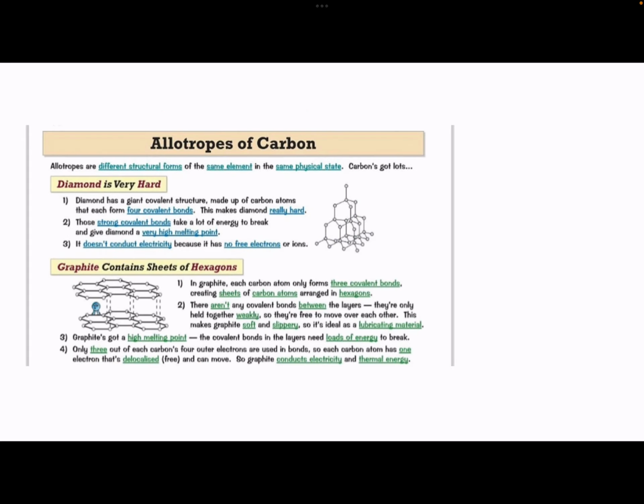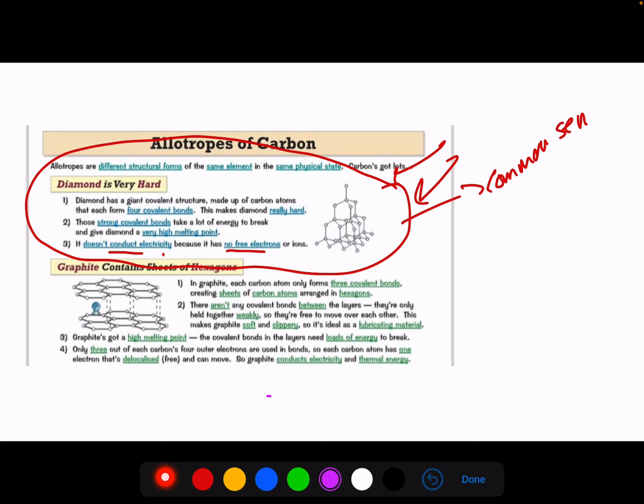There's another property for graphite, which is that graphite is soft and slippery. Again, this is already represented in the structure, because in graphite each carbon atom only forms 3 covalent bonds, so this will form a sheet of hexagons.